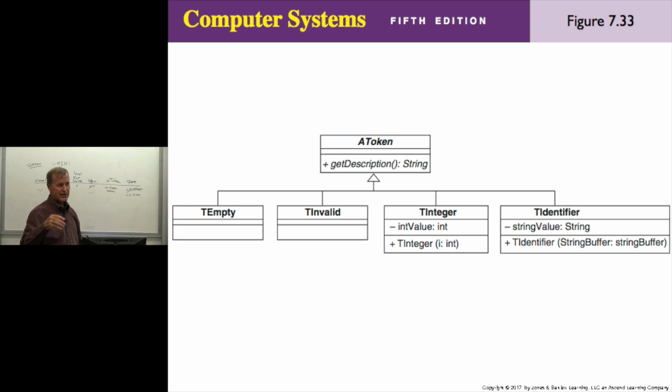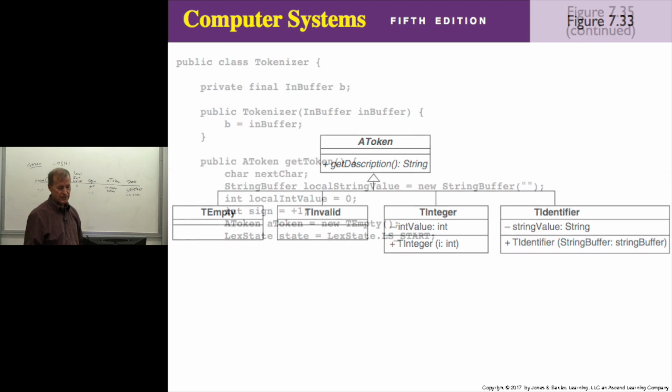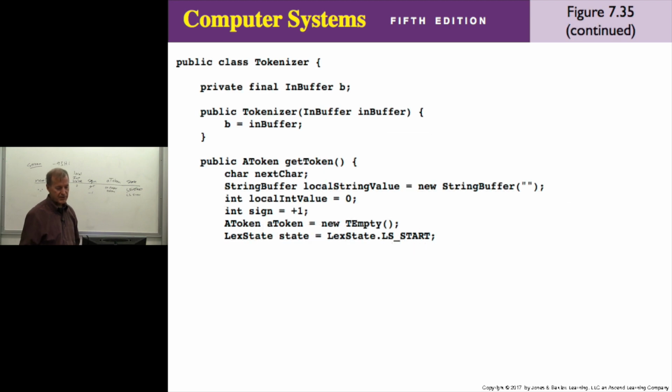Does everybody understand that A token is the abstract type, T empty is the concrete type, and T empty is an A token? So here's my question. Here in figure 7.35, at the top of get token, when we said A token gets new empty token, my question is, trick question. What is the type of A token?